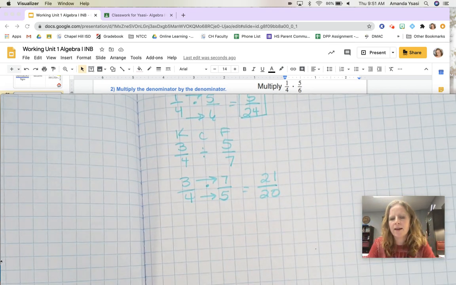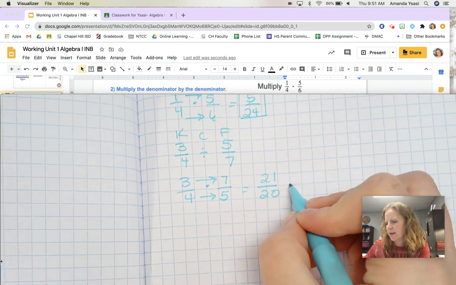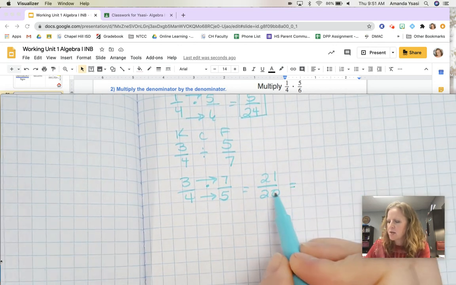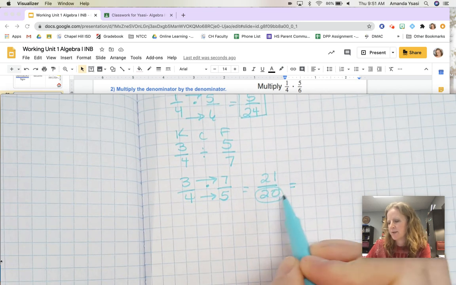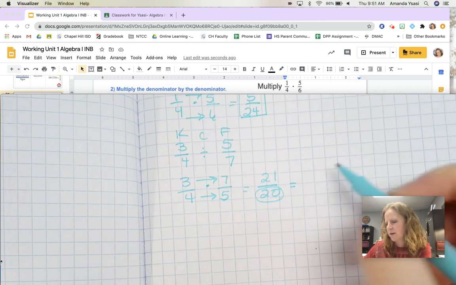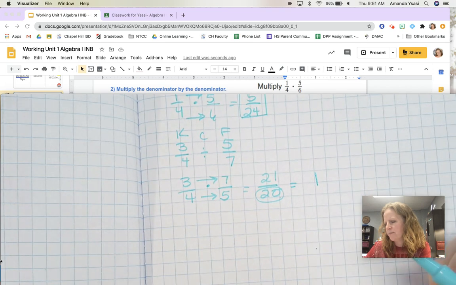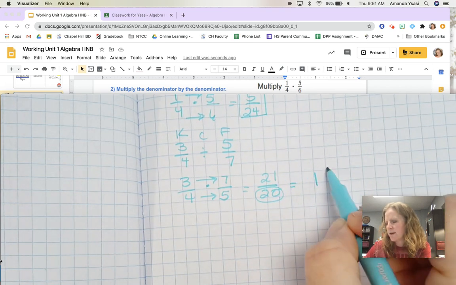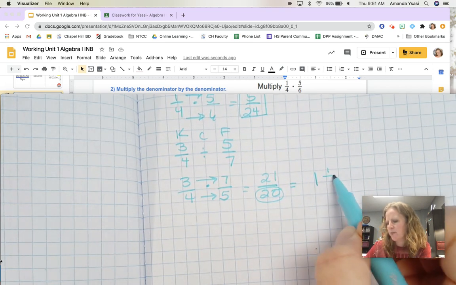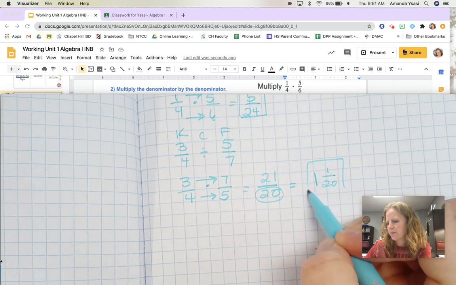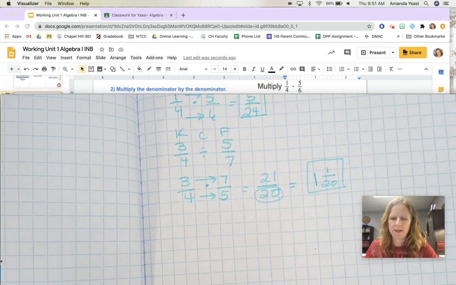We can leave it like that, or we can simplify it and make it a mixed number. The way you do that is you look and see 21 divided by 20. How many times will 20 go into 21? It'll go one time with one remaining, and you keep the same denominator. 1 and 1/20.